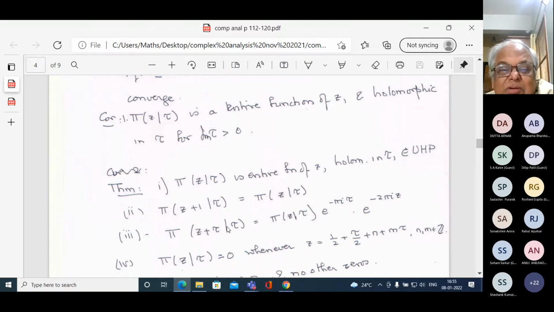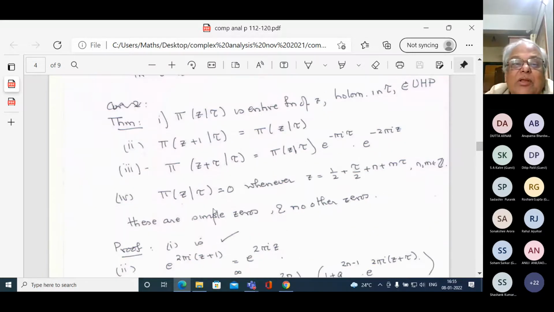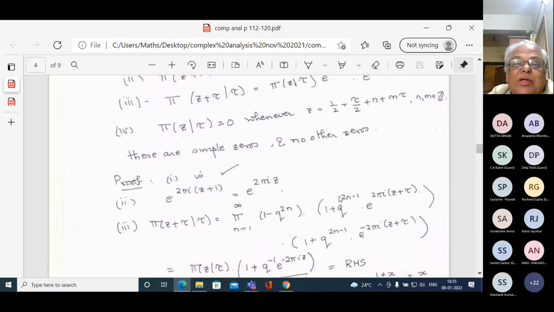All that means is that when you translate it by tau, you get pi of z multiplied by a factor which depends on z and tau. And I know what that factor is explicitly. And pi of z, tau is equal to 0 whenever z is in this set. These are simple zeros and no other zeros. I should have said that in theta also, those zeros that we find are simple zeros.